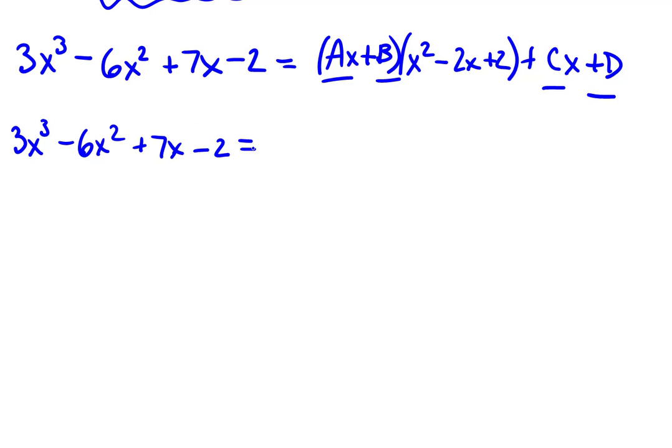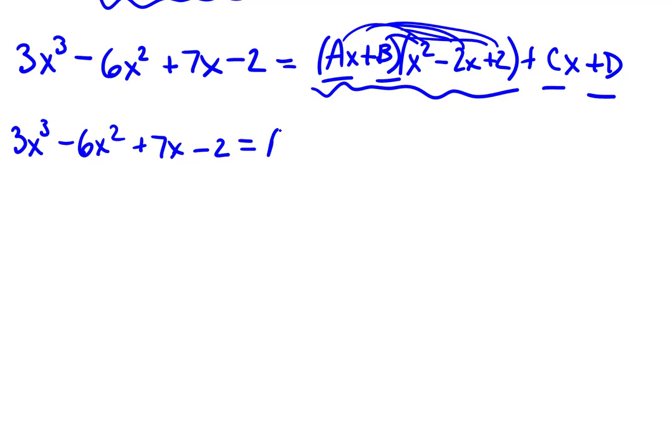But now on the right side, I'm going to expand those binomial times trinomial factors we have there immediately to the right, which means I have to distribute the ax all the way through all the terms and then the b, right?